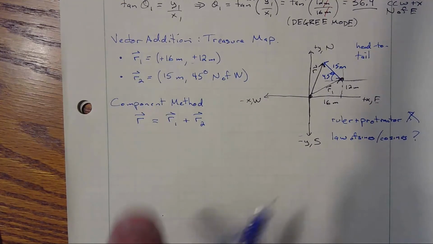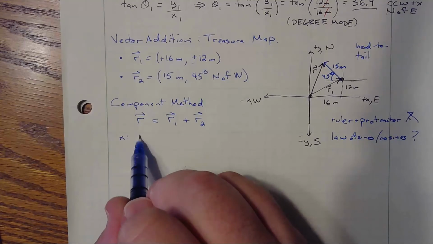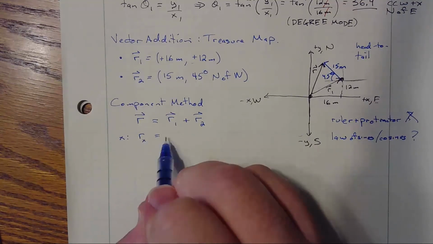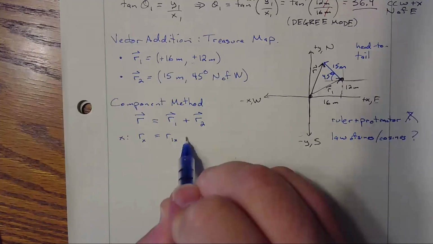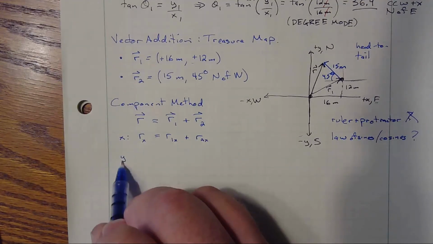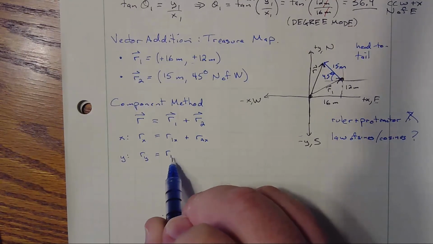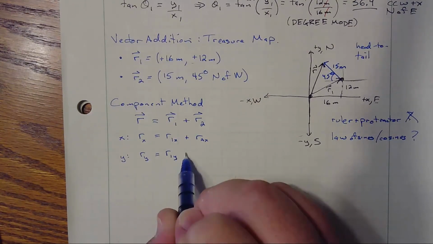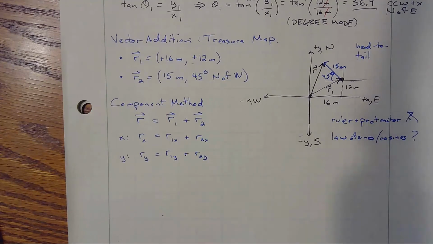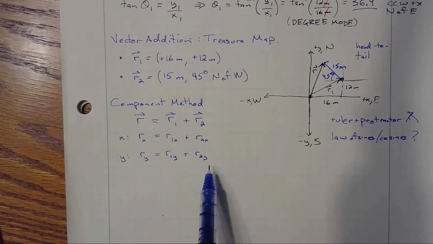The component method says that whatever happens here is also going to happen for the x and the y components of our vectors, meaning that once I find the components for each of these vectors, so this should be r1y plus r2y, I can just add the components together, and that gives me the components of my overall vector.